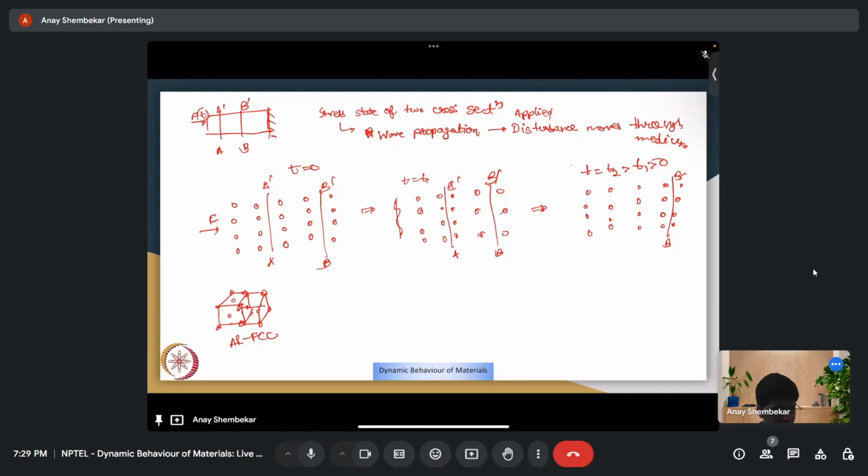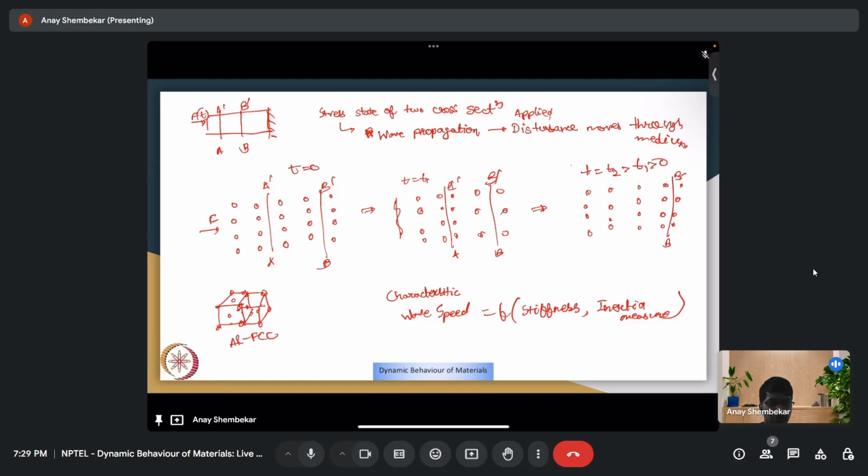So normally there is a characteristic wave speed, which is basically a function of some sort of stiffness and some sort of inertia measure.